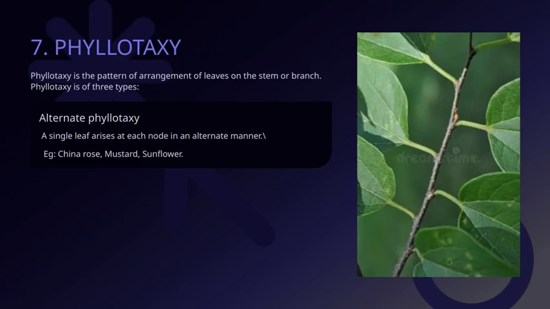Phyllotaxy, in general, refers to the arrangement of leaves along the stem, and understanding this pattern helps us grasp how plants optimize their growth. There are three main types of phyllotaxy, and today we're focusing on the concept of alternate phyllotaxy, which is just one of these patterns. Recognizing these arrangements allows us to appreciate the intricate ways plants adapt and thrive in their environments.